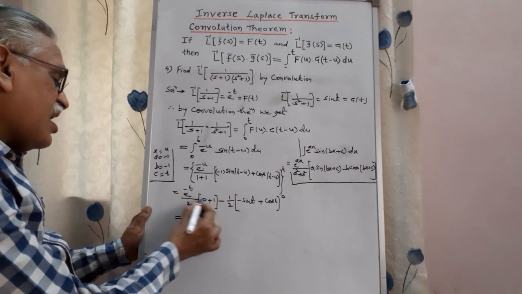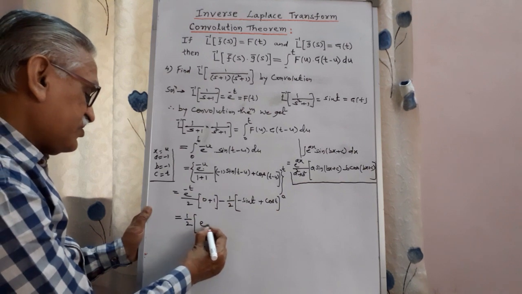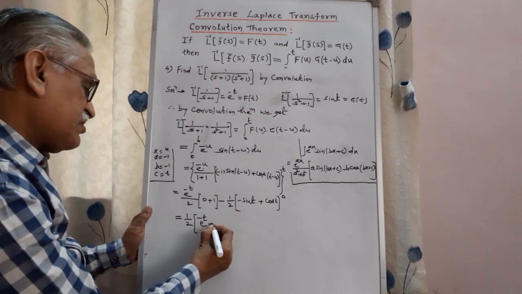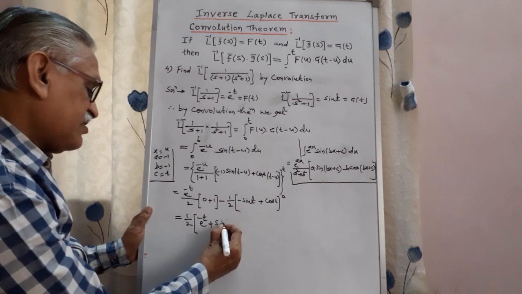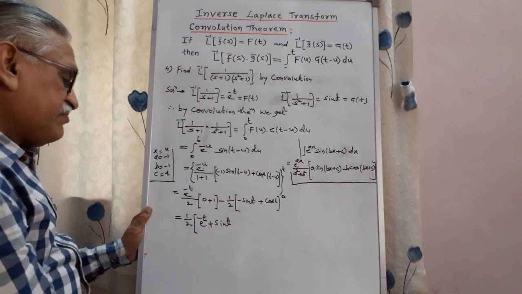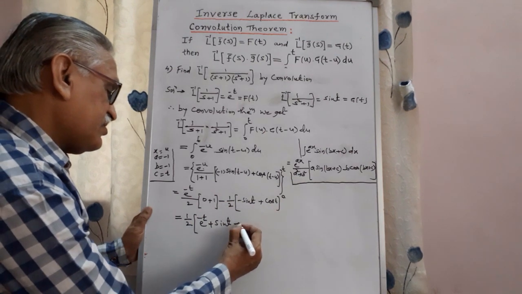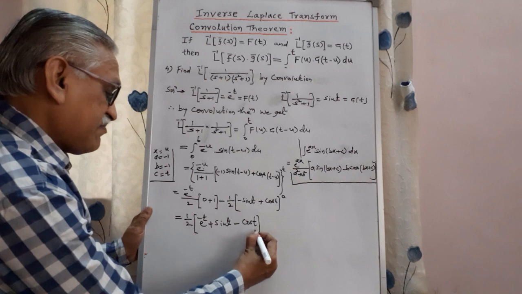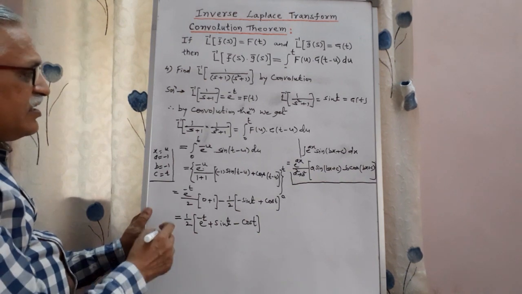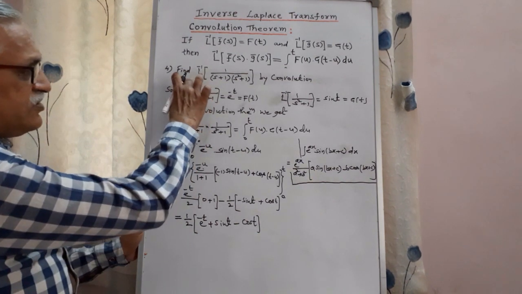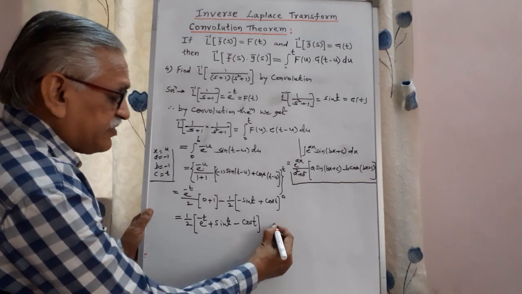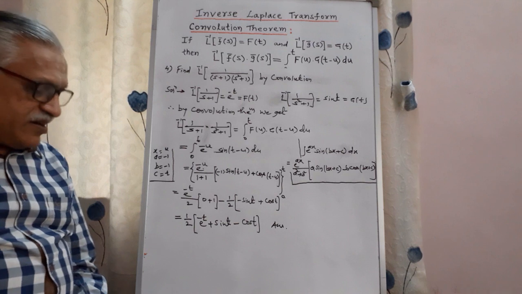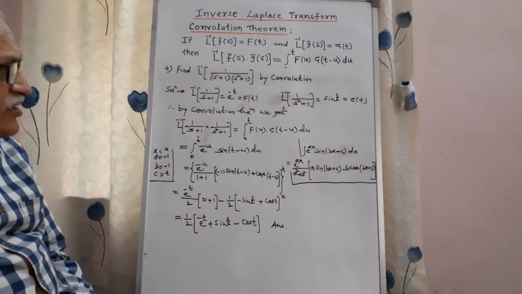The remaining terms are e raised to minus t first, this minus plus sin t, and this is minus cos t, as the required inverse Laplace by convolution technique.